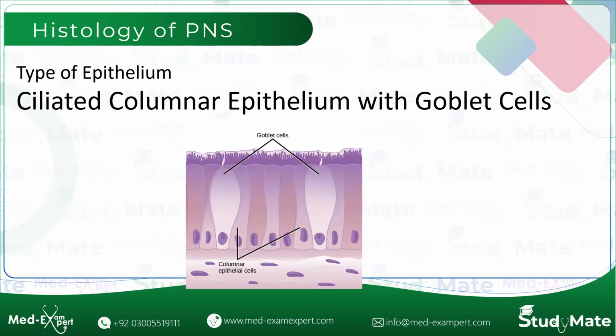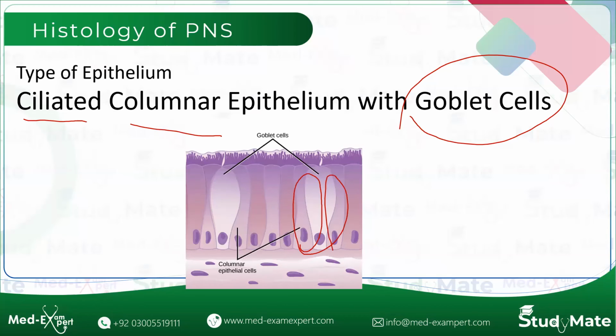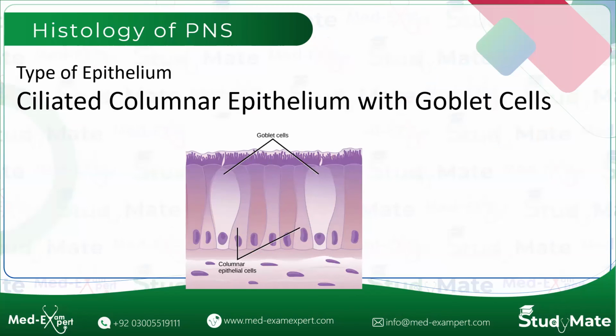Paranasal sinus is basically the respiratory epithelium which is ciliated columnar epithelium with goblet cells. इसमें अगर आप डायग्राम में भी देखें कि you can see that there are columnar epithelial cells which have cilia on top of them, and in between them there are some mucus secreting goblet cells. अब histology में सिर्फ एक चीज याद रखनी है that what is the type of epithelium of the paranasal sinus.